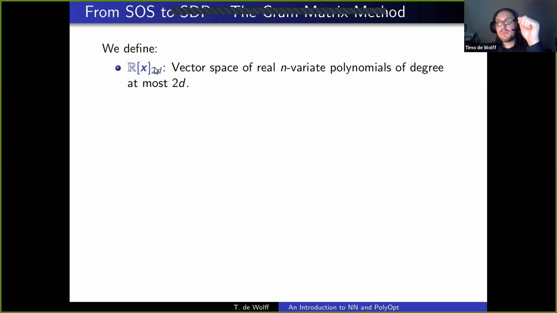By total degree, I mean I take any exponent vector, a vector of length n if I have n variables, and I sum up the entries. I don't want to consider any polynomials that have a total degree higher than 2D. This has the advantage that it's a finite dimensional vector space, which is much more convenient than an infinite dimensional vector space. So let's work on this vector space of real n-variate polynomials of degree at most 2D.